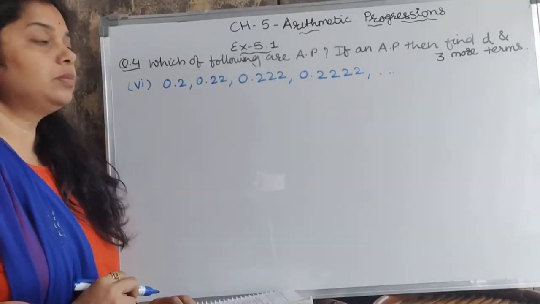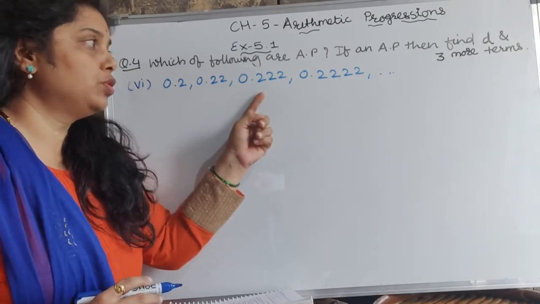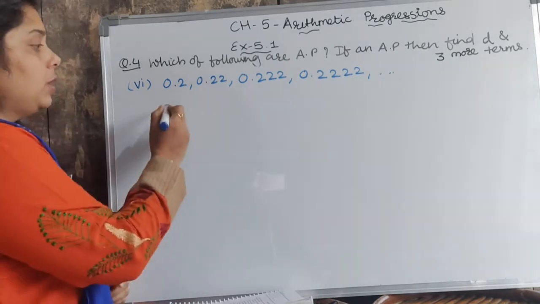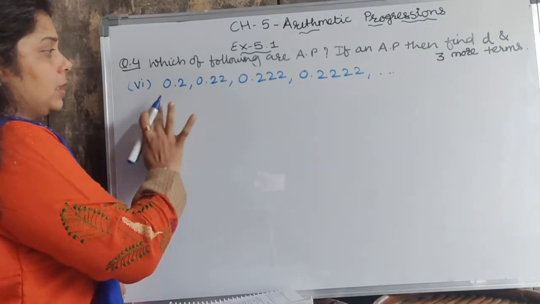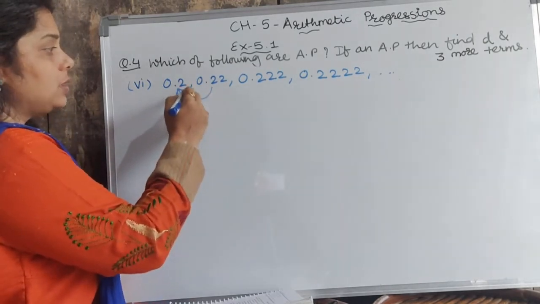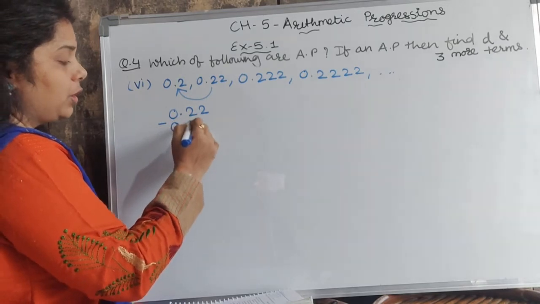Now the next term, sixth one: 0.2, 0.22, 0.222 and so on. Okay. Now here A is equal to 0.2. A2 is 0.22. So A2 minus A1: 0.22 minus 0.2.